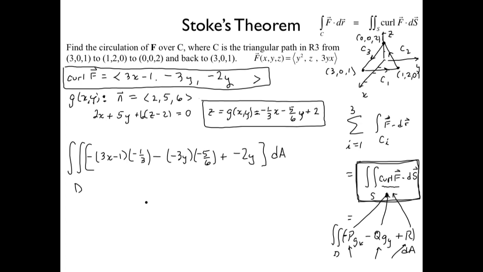And so then what is D? What are we integrating this over? The projection of this triangle into the xy plane. So what will that projection be? It'll be this. This point is going to be 1, 2. So all you have to do is just truncate off the z components.